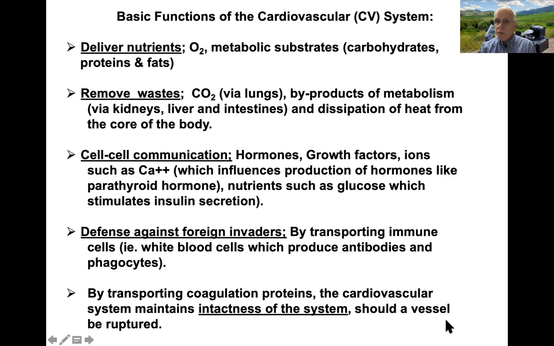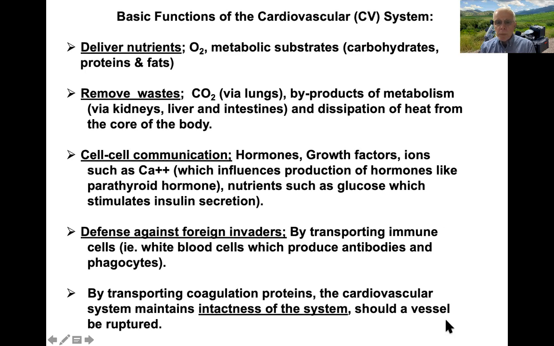And to a very large extent, they're transported by the cardiovascular system. So the blood also contains things like growth factors, ions, enzymes, and various things. All of these are transported by the cardiovascular system. Defense against foreign invaders, antibodies, white blood cells, T cells, and so forth, cells that phagocytize foreign invaders.